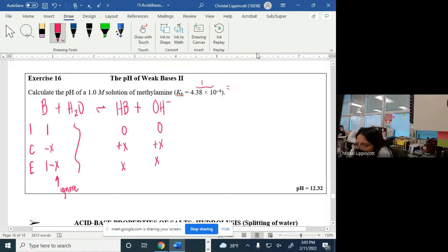All right. So this is going to give us our KB. Our KB is 4.38 times 10 to the minus 4. That is going to equal our HB, OH minus over our base. Sub in those values then. That's going to equal X squared over 1.